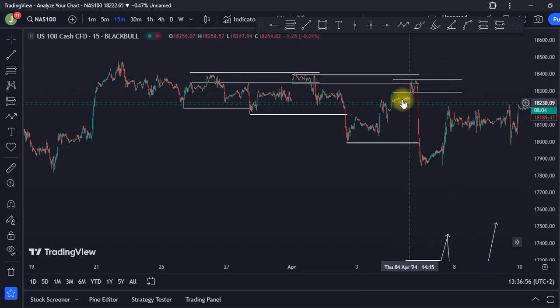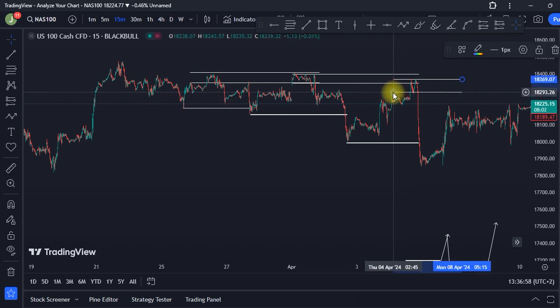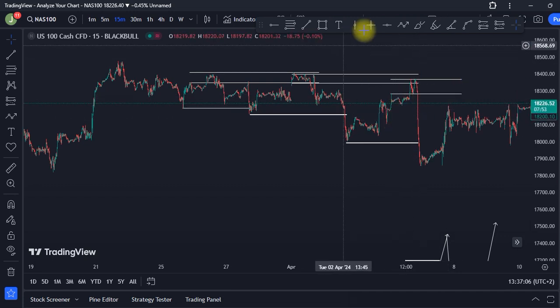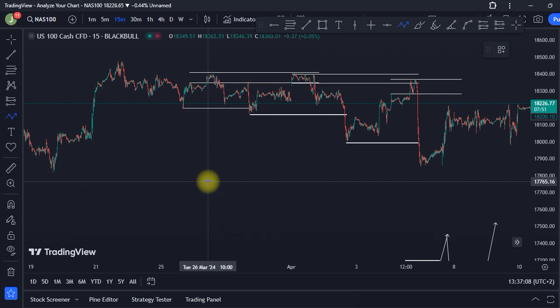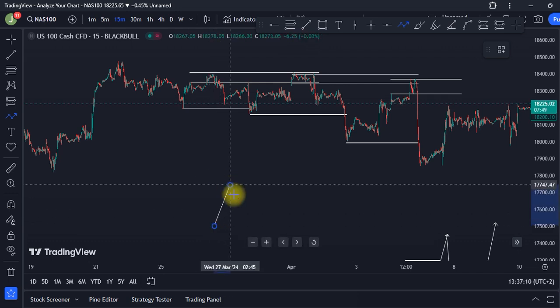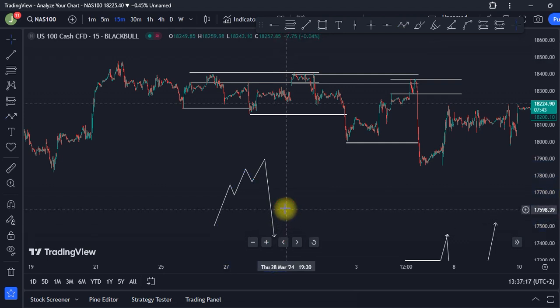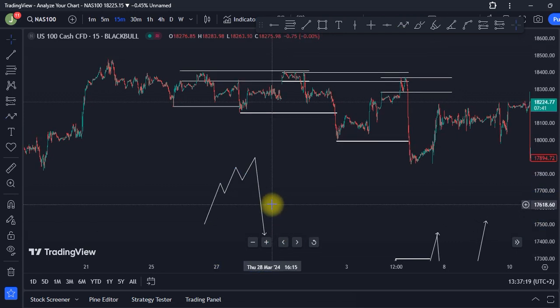They work like 80% of the time. If you put this over there, you can see that this is our QML level, and we're expecting to see the market push to the upside, tap into that QML level, and then shoot to the downside. Remember, we are in the market for 15 to 30 minutes.